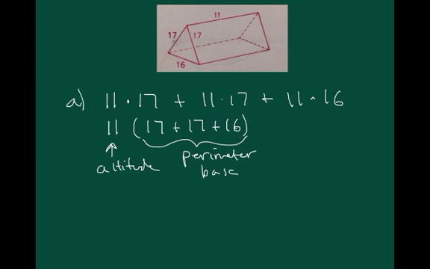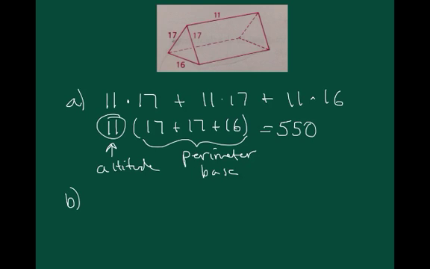So you'll recognize that the lateral area really is the height times the perimeter of the base. And when we multiply that out, we get 550.